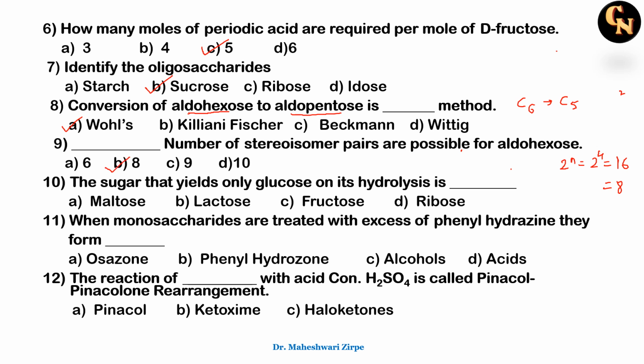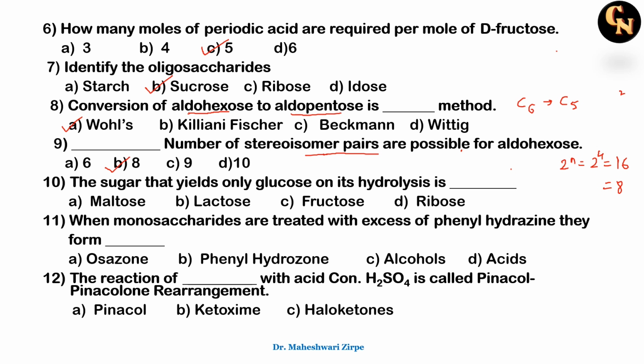They have asked pairs, okay, so don't get confused. When they have asked pairs, you have to calculate and halve it, because 8 pairs will be 16 isomers. So 8 is the correct answer.